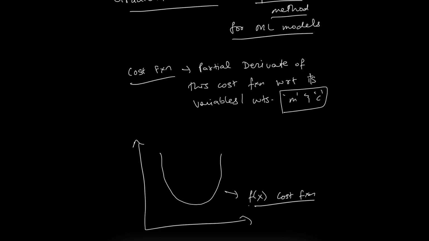So this is a 2D plane, this is our cost function. What gradient descent does visually is first we initialize a random point for these m and c values, which is slope and bias, right? Gradient descent gets the slope of this function in a way where it gives us a direction of the optimization.